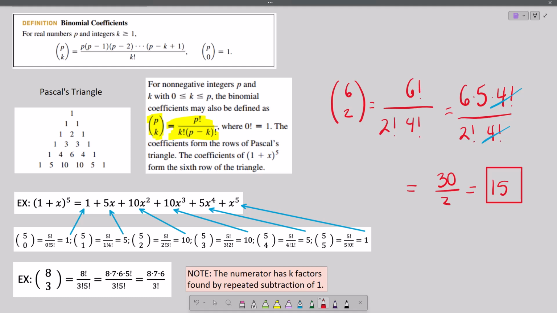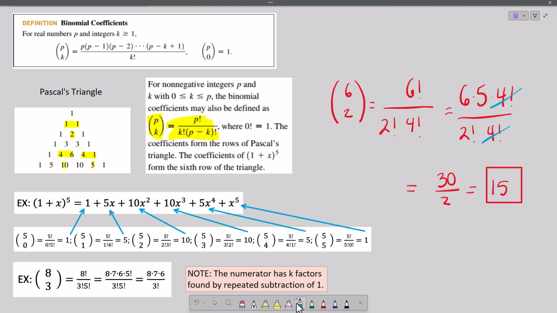Pascal's triangle, the way you form it is by adding the 2 numbers directly above to get the number below. So we would add these 2 numbers to get to that number. We'd add those 2 numbers to get to that number. It's got this little funneling method to create the subsequent rows. And the application of Pascal's triangle is super cool.